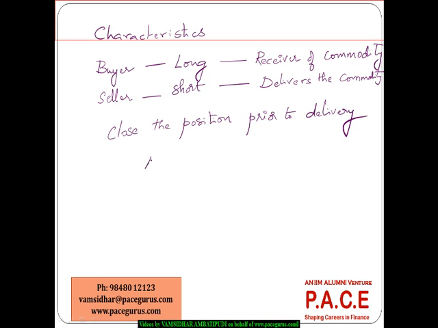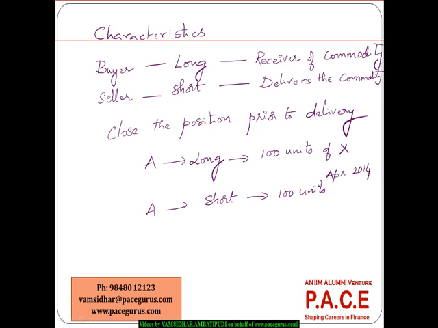For example, if A has entered into a long position to buy 100 units of some commodity X, let's say in April 2014. When I say offsetting, the same party A gets into a short position on 100 units of X delivered in April 2014, all else remaining the same, but instead of a long position, a short position, or vice versa.